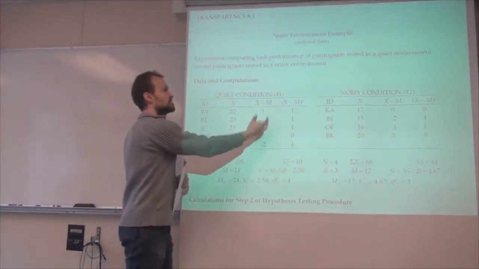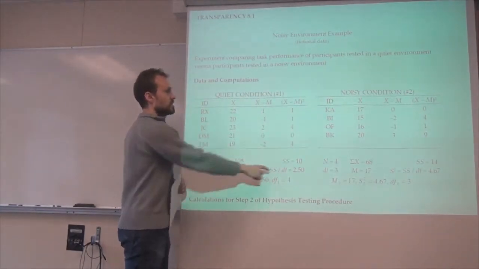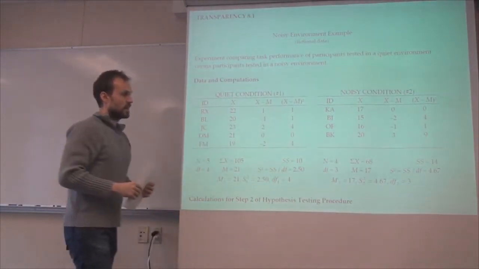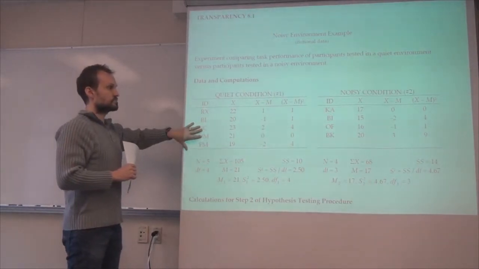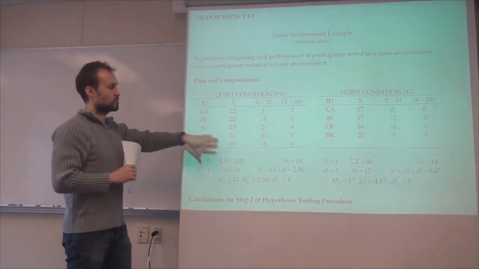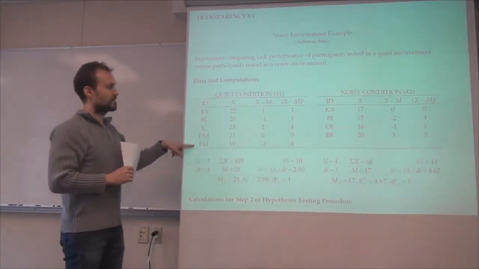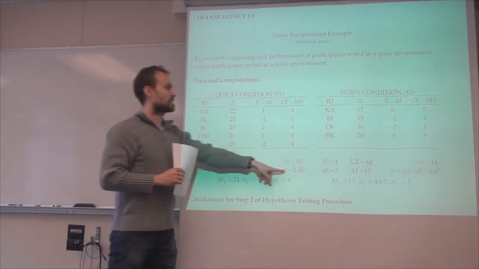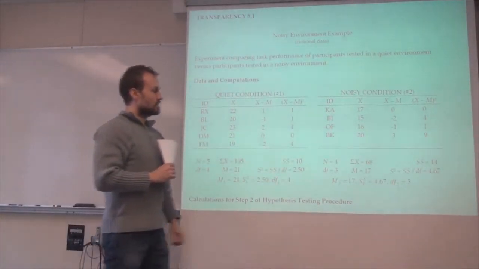Then I look at the deviations, squared deviations. The sum of the squares is 10 in this case. And I'm estimating the variance for this group, so I'll divide it by 5 minus 1, and I get a variance of 2.5.